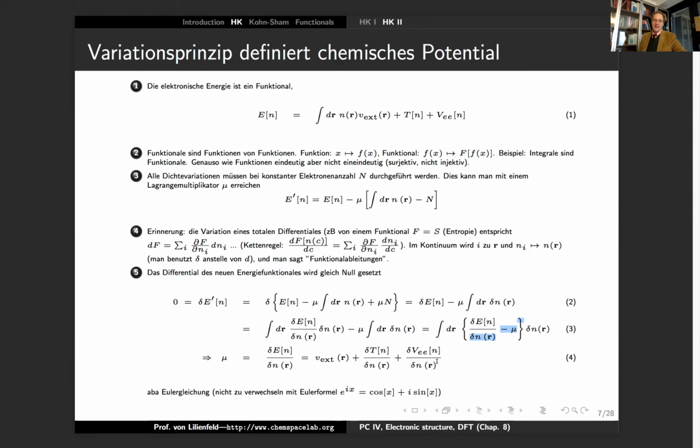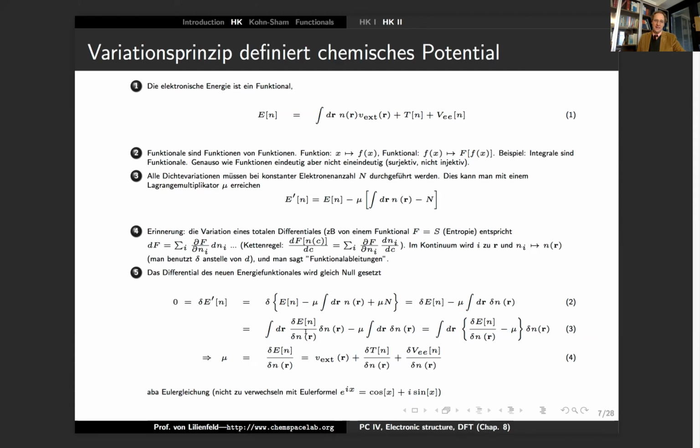This means that mu equals the derivative of your energy with respect to variation of electron number.